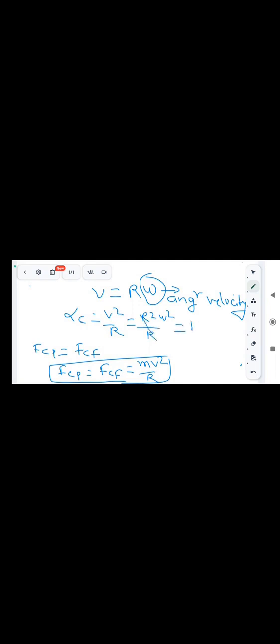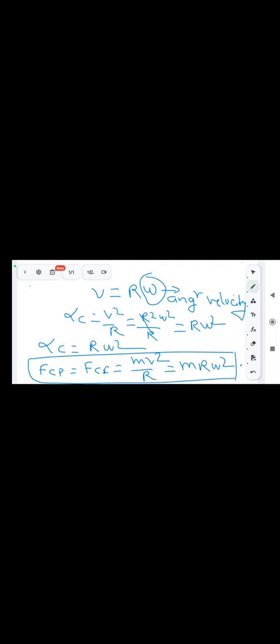R cancel, that equal to r omega square. Therefore we have centripetal acceleration alpha c equal to r omega square, and therefore we have FCP equal to FCF equal to mv square upon r equal to mr omega square. This is the formula 1.